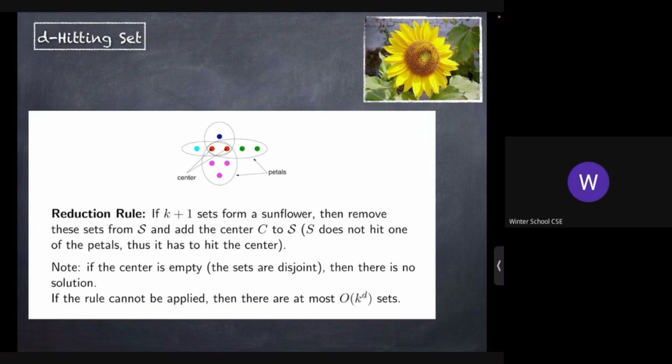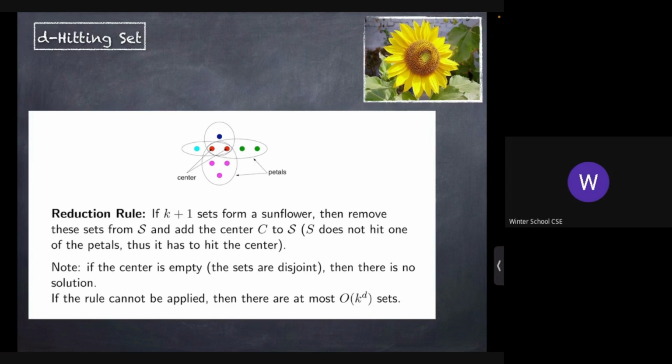So if I found such a sunflower with k plus 1 petals, I encode the information that I have to take at least one element from the center into the hitting set. And how I do it, I just make a new set which consists of all the central elements. And then I don't need these petals anymore, because I will never use them.